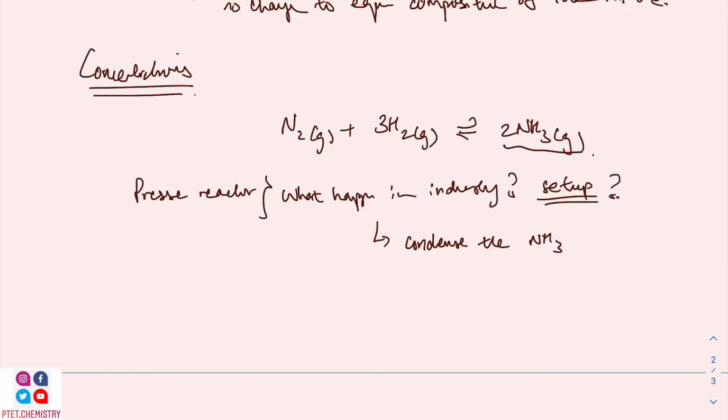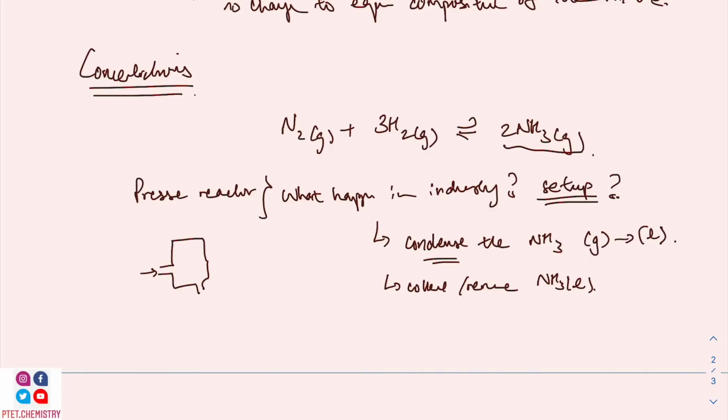When you condense the NH3, basically you're converting gas to liquid, and then you collect and remove NH3 liquid. Okay, why do you do that? Why would you do that? As the reaction progresses, if I can draw a very, very simple diagram, I guess.